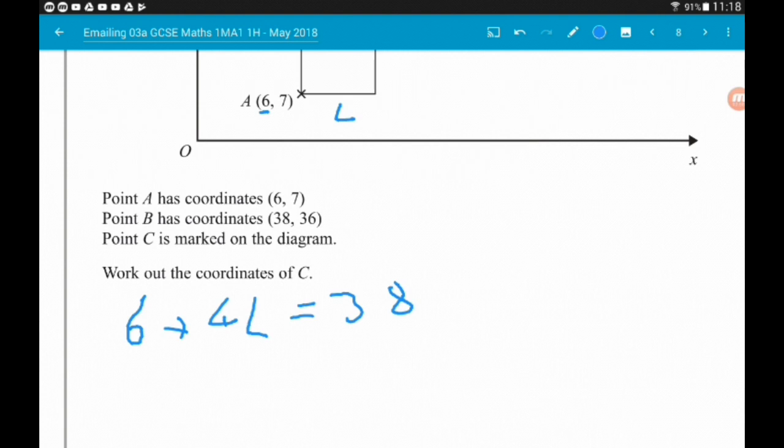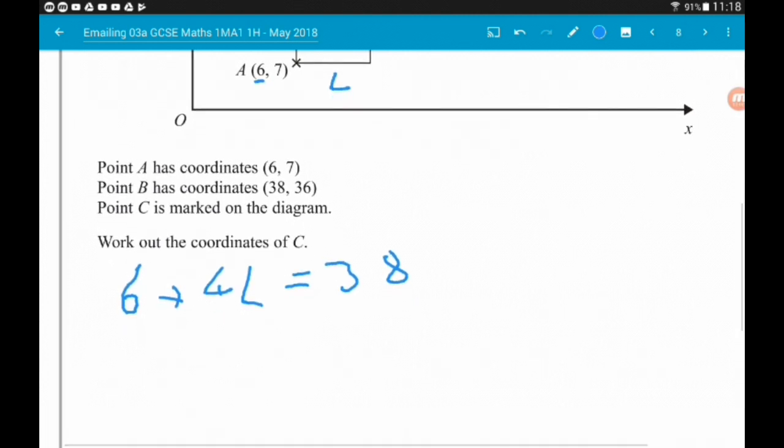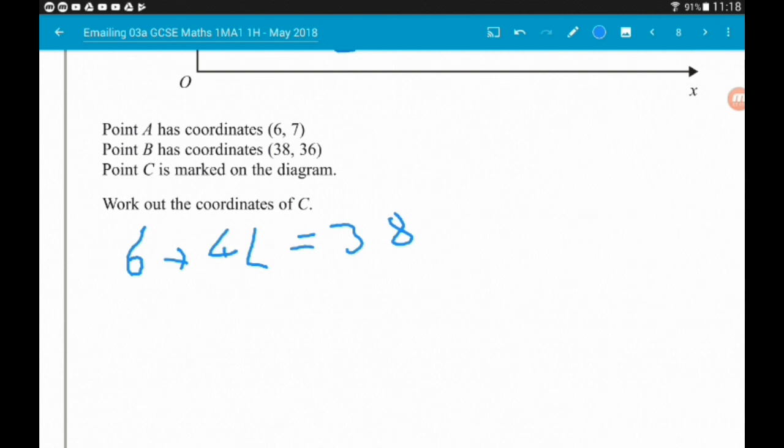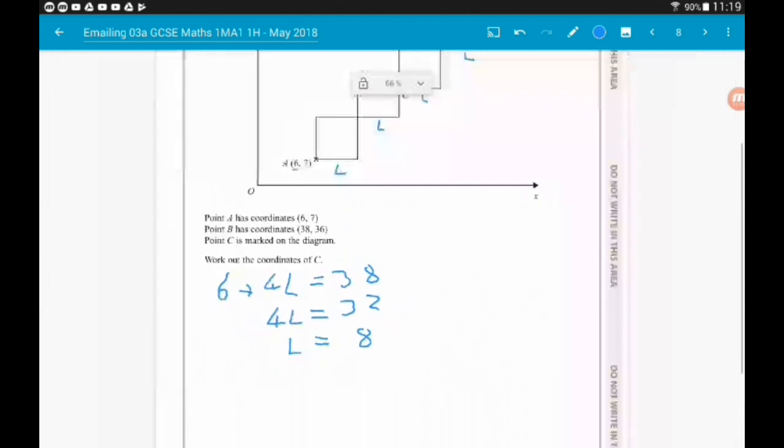Now we got an equation in terms of the side length of the square that we can now solve to find that length. So if we take away 6, we get 4L is 32. Divide by 4, L is 8. So now all of a sudden we know the side length of the square.